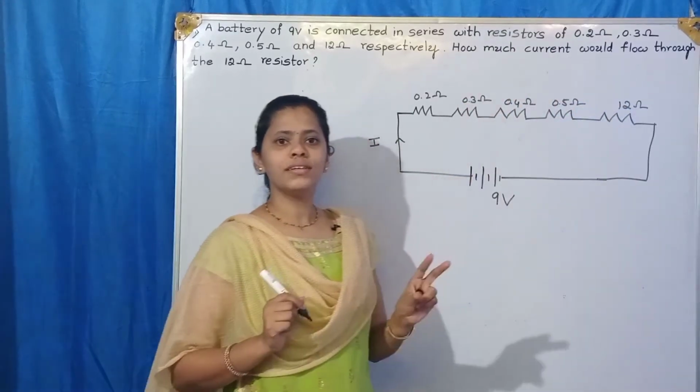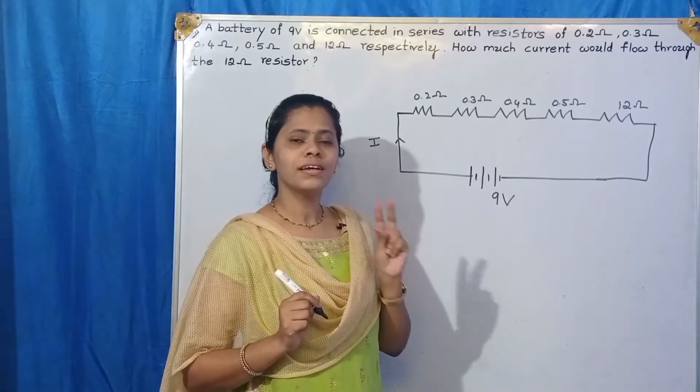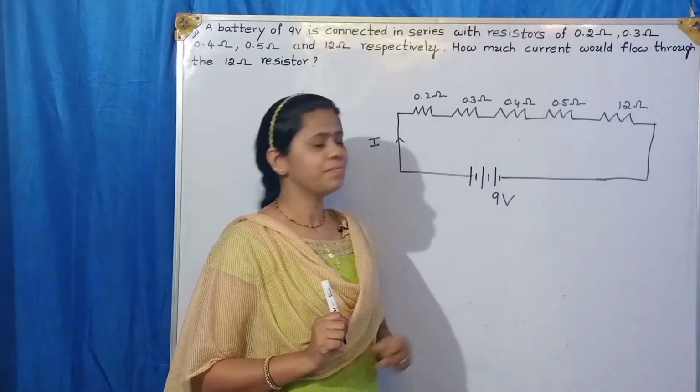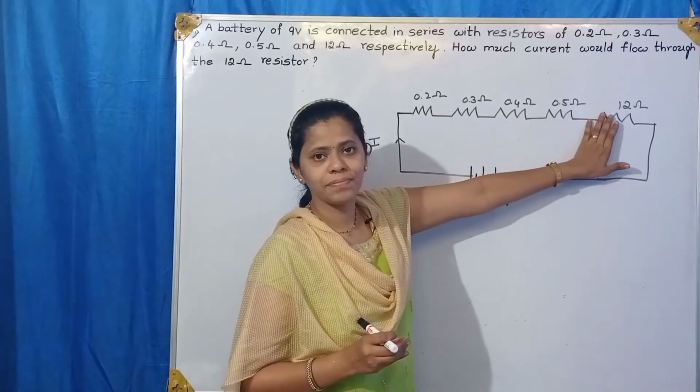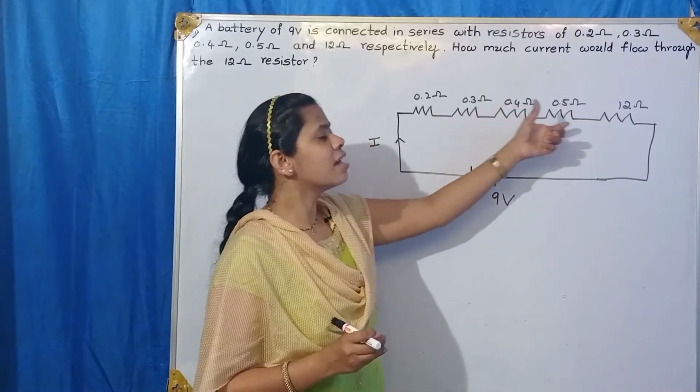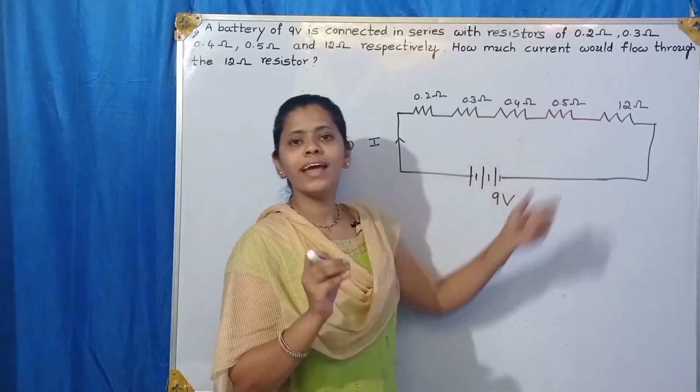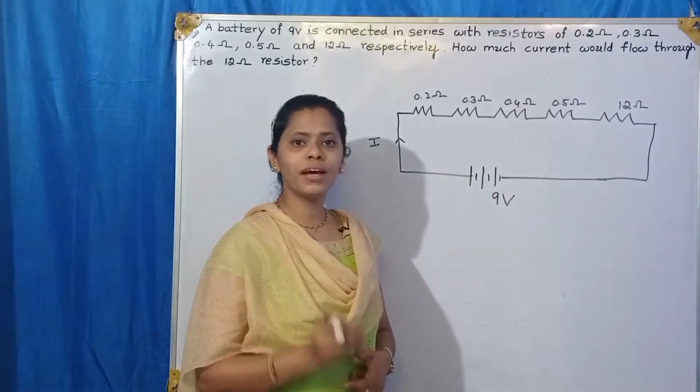To find this out, first concentrate clearly on this sentence. We have connected these resistors in series. When resistors are connected in series, there will be no distribution of current.